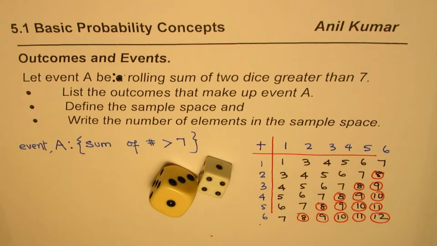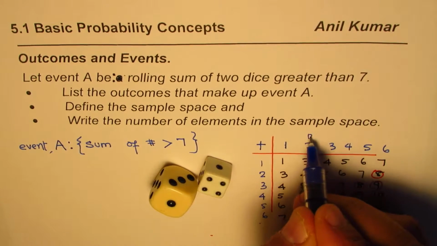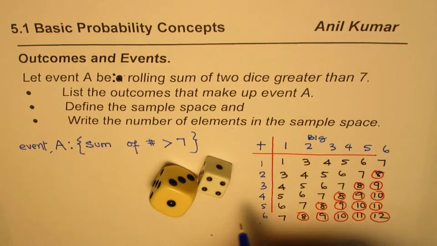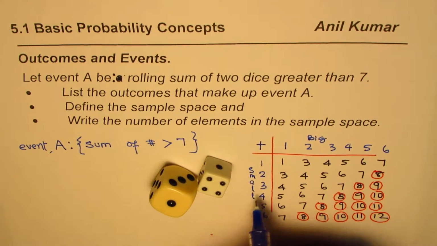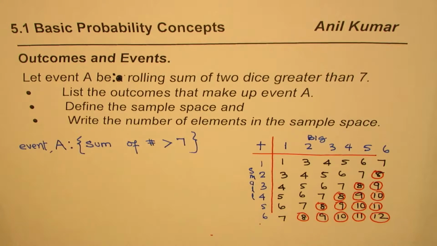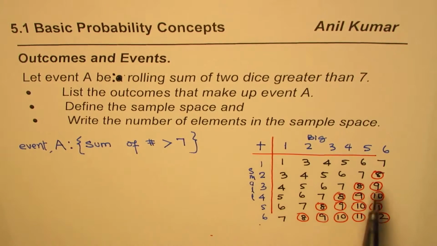We can say that this row belongs to the big one, and these are the numbers on the small one. That way we can identify them. Now when we say list all outcomes, what are the outcomes which will make up event A? Event A is, as circled here, sum greater than 7.